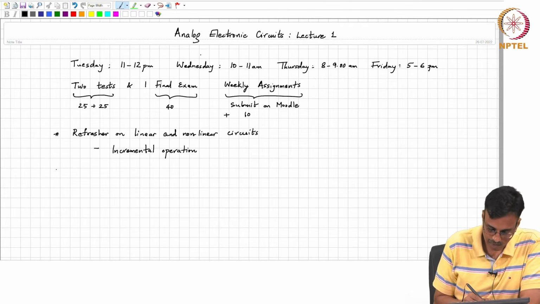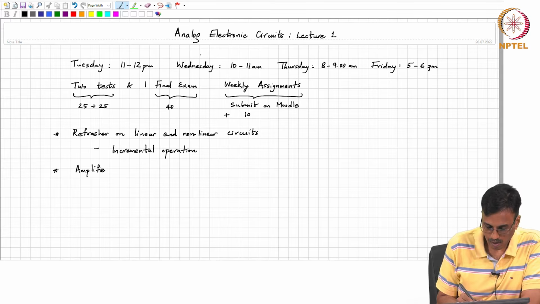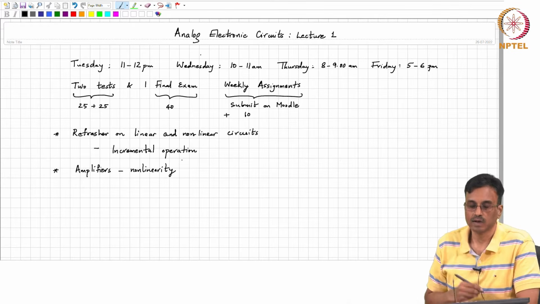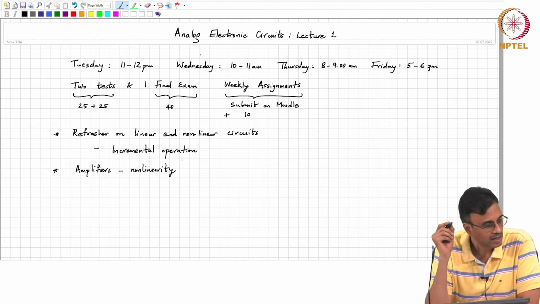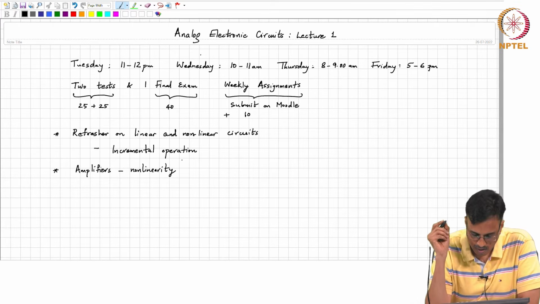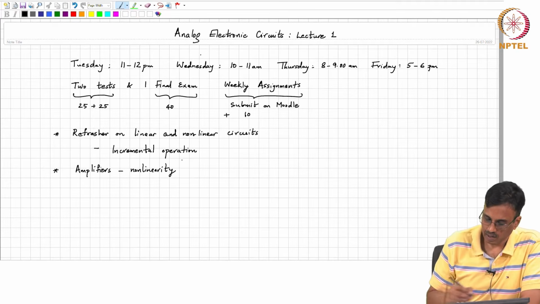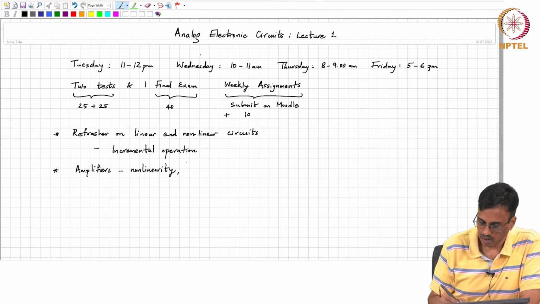Then we will learn about how to make amplifiers, and we will see that nonlinearity is fundamental to making small signal amplification, and we will see how the MOSFET comes about.